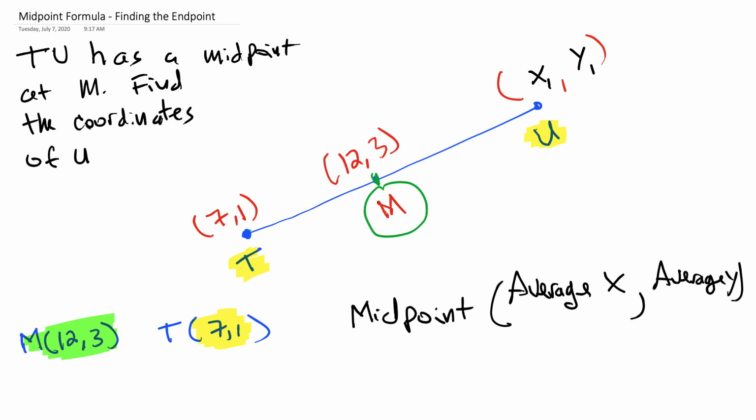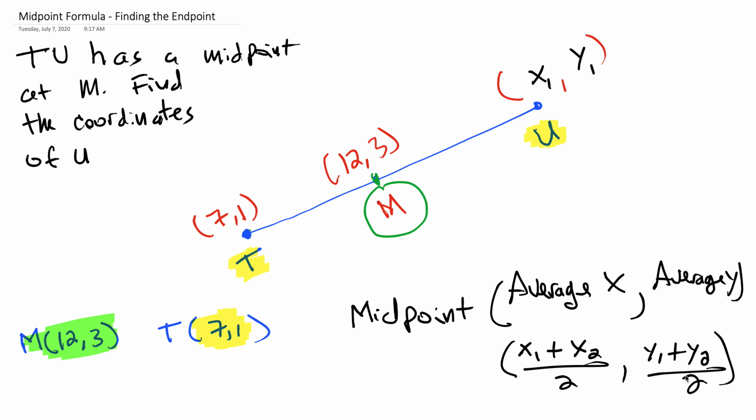And then how would you find the average x? You use your x1s and x2s. x1 plus x2 divided by 2, comma, y1 plus y2 over 2. Okay, that's the midpoint.